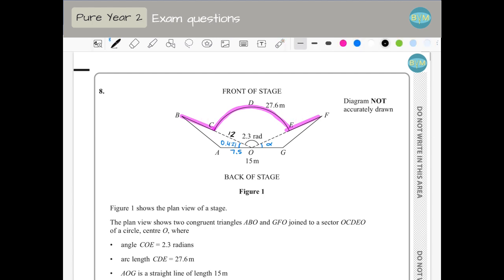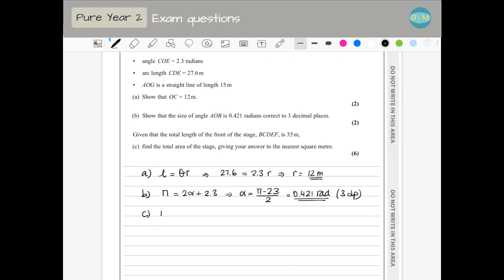So to find BC, I'm going to do 35 minus the 27.6, which is 7.4. So BC is going to be half that.